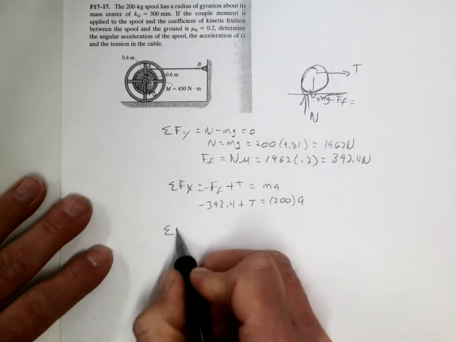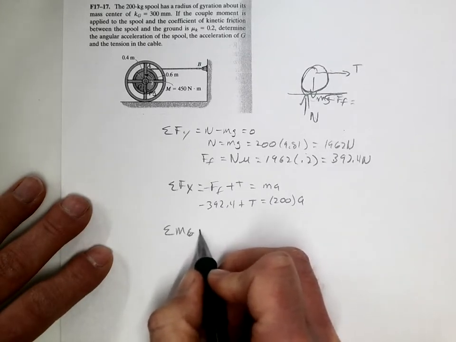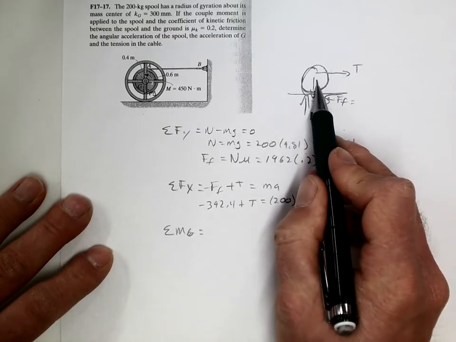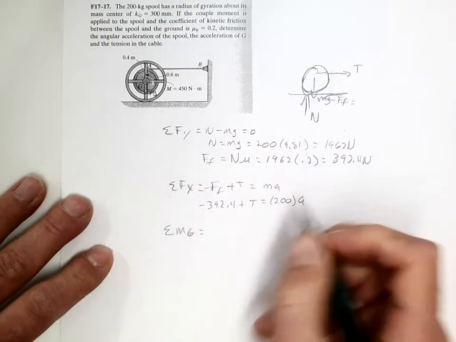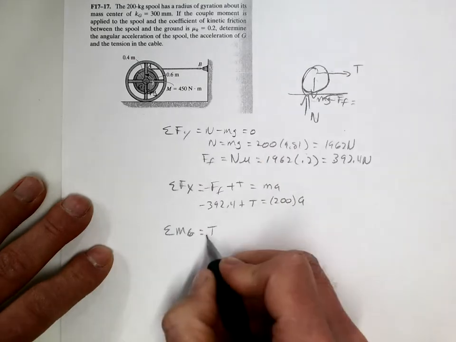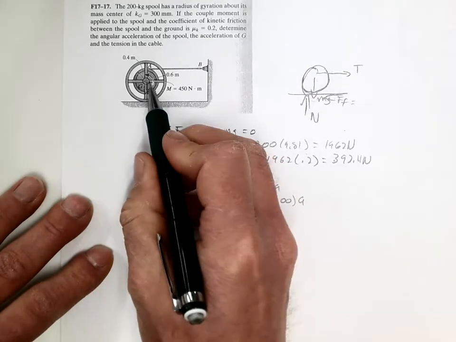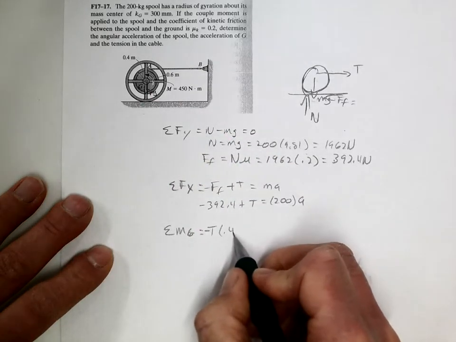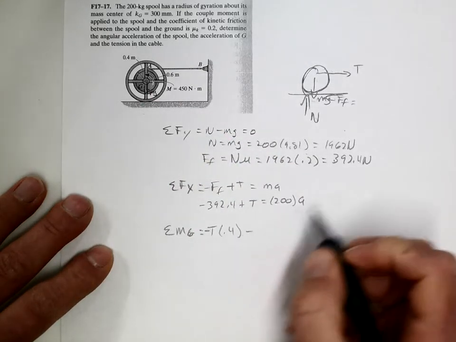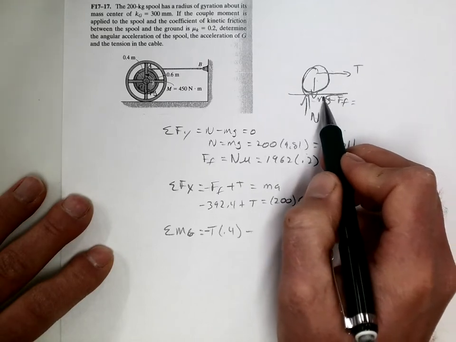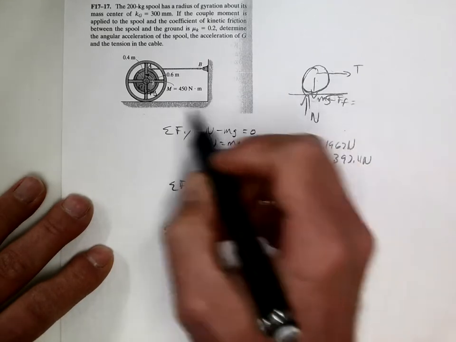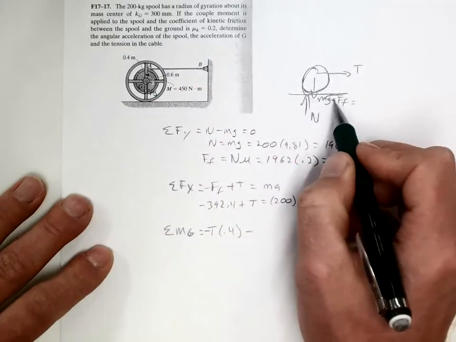Summing the moments about G. Okay, here's the center. So we have T causing a negative rotation times this distance, 0.4, minus friction. The force of friction is pushing this way. That's also causing a negative rotation in that direction.